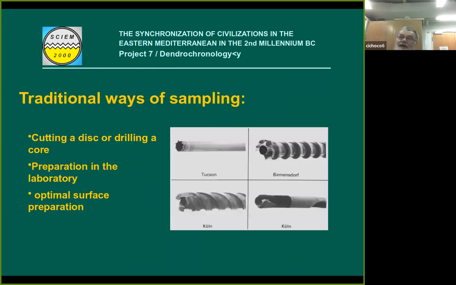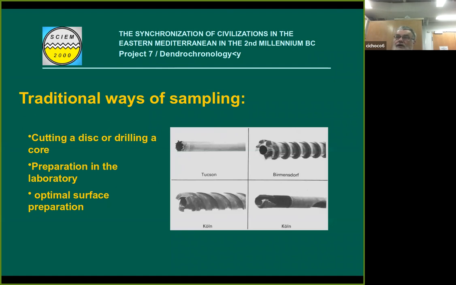Now, for sampling, we have several ways. Of course, the best, but rarely possible thing is to cut a disc. But this means to cut down the tree, and of course, this isn't possible in all situations. So there is the second best thing, to drill a core.